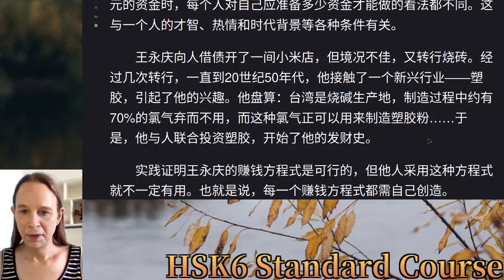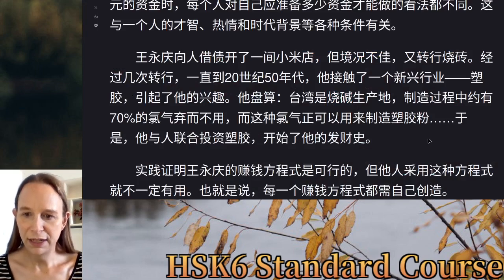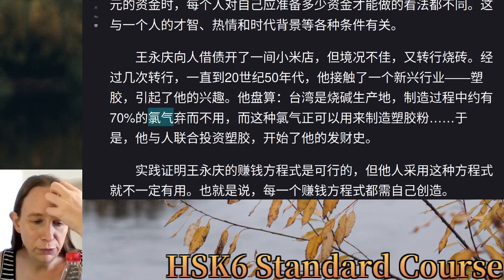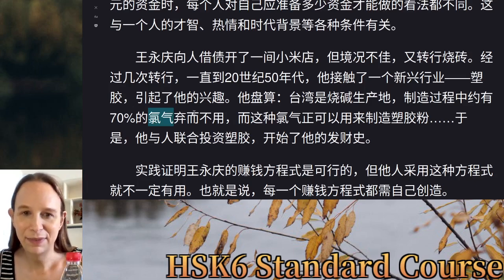烧碱制造过程中约有70%的氯气，right? 氯气, this is chlorine.